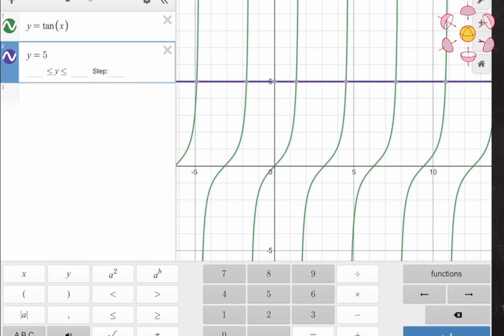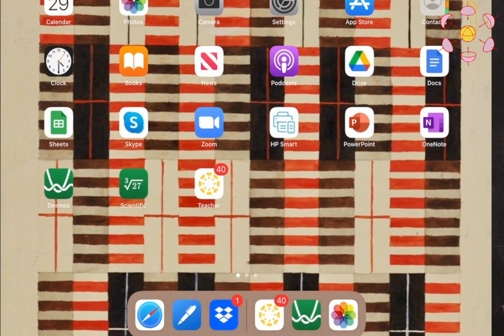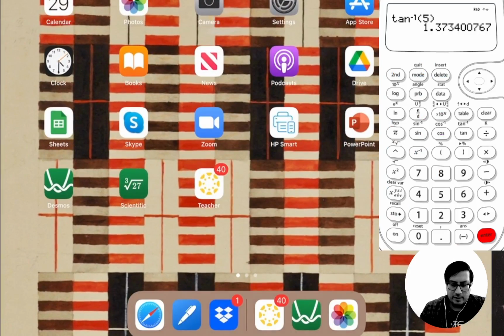You can see there's infinitely many intersections. The one that we found was this one. And lo and behold, we get the same decimal, 1.373 rounded to the right decimal. And then if you add pi, you're going to get all of the other ones right here along these intersections. Cool. All right. Let's bring back all the good stuff.